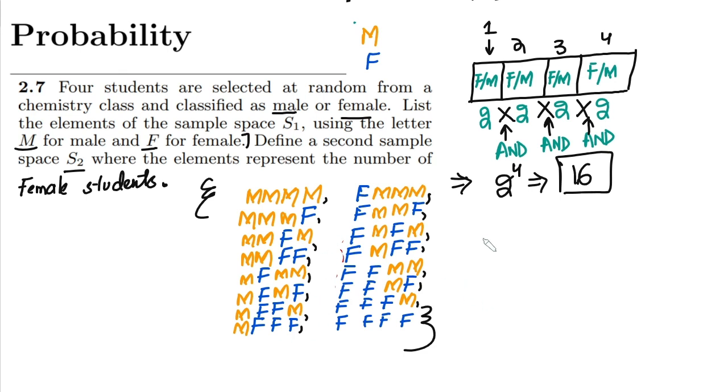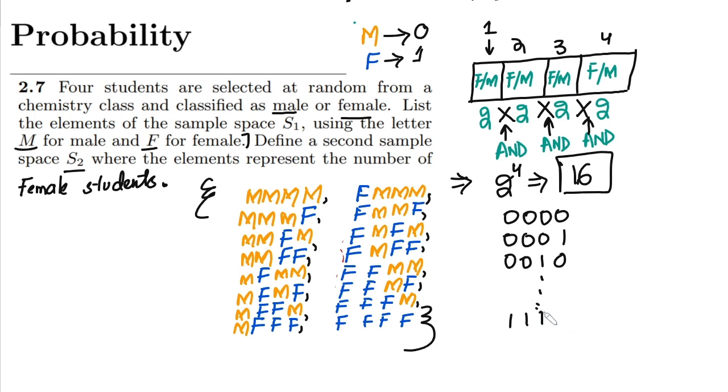In binary communication, if I write m with 0 and female with 1, I can see that in any binary or digital communication systems or in digital arithmetic, those would be 0 0 0 0, 0 0 0 1, 0 0 1 0, up to what I will get here, 1 1 1 0 and then 1 1 1 1.